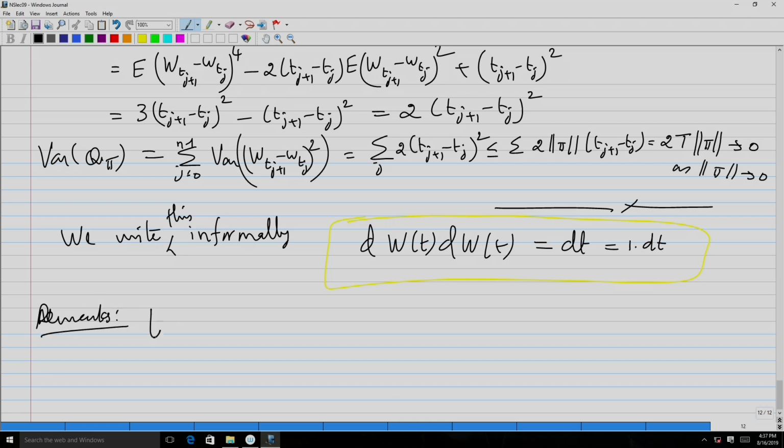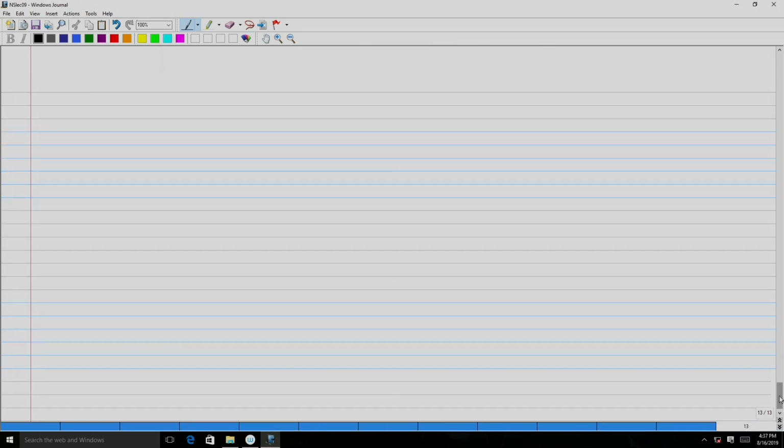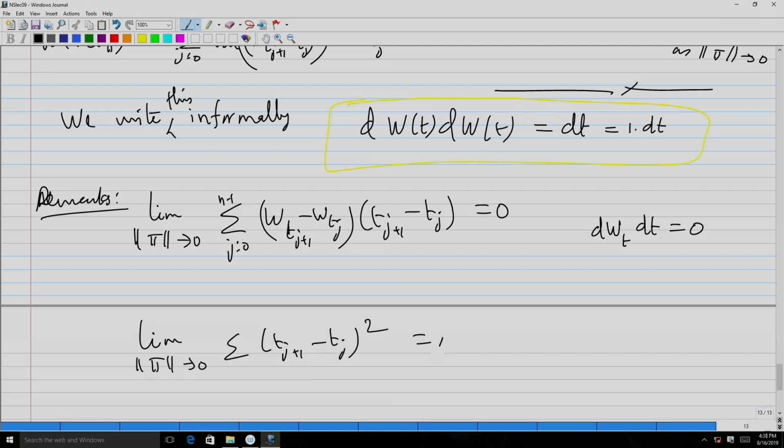You can also show that the limit of the summation of (W_{t_{j+1}} − W_{t_j})(t_{j+1} − t_j) equals 0, which we write informally as dW(t) dt equals 0, and one more limit, the summation of (t_{j+1} − t_j)², which also turns out to be 0, which we write informally as dt dt equals 0.